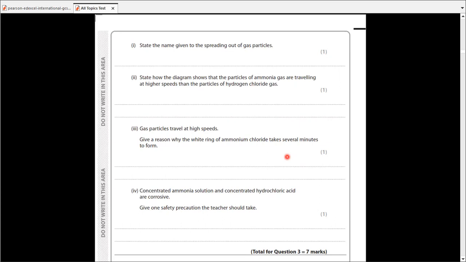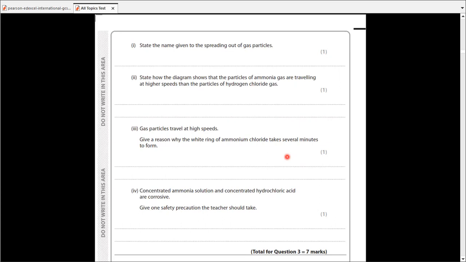But remember, whenever we are talking about safety, all of the safety gear that is required for a single experiment must be mentioned in a single go. For example, the teacher shouldn't just take the gloves. He or she should also use goggles, or eye protection gear, face protection gear, hand protection gear, goggles, face mask, or a face blocker, maybe a glass wall, maybe a fume cupboard, along with the gloves would work better.